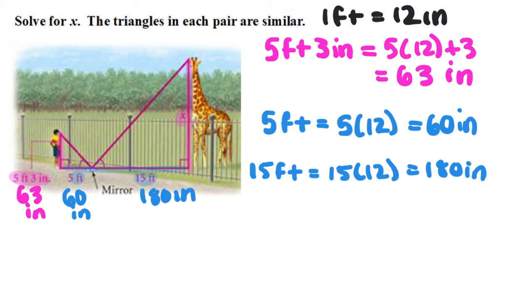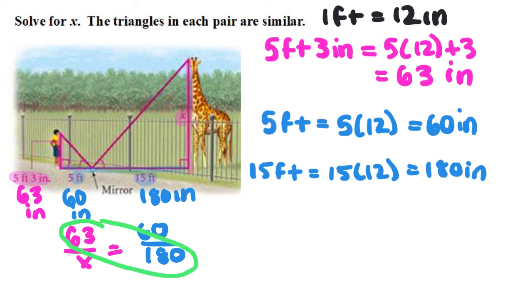So now I can set up my proportion. So I'd have 63 over x is equal to 60 over 180. Now when I cross multiply, I'll have 63 times 180, which gives you a value of 11,340, and 60 times x, which gives you a value of 60x.